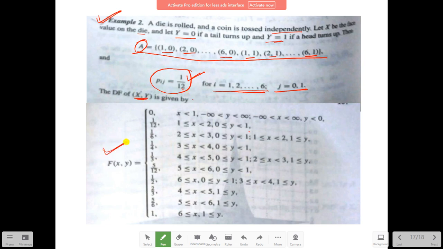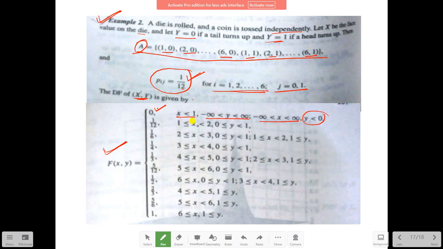Means when we compute the distribution function for the random variables x and y, here f of x comma y is 0. Why? Because here x is less than 1, but y is greater than minus infinity and less than infinity, and x is greater than minus infinity and less than infinity, and y is negative. So in that case this value is equal to 0.